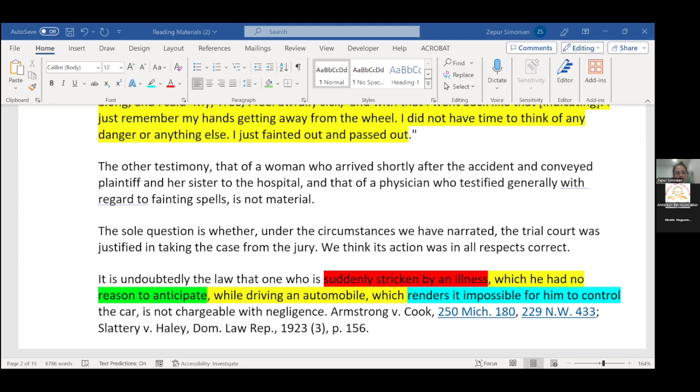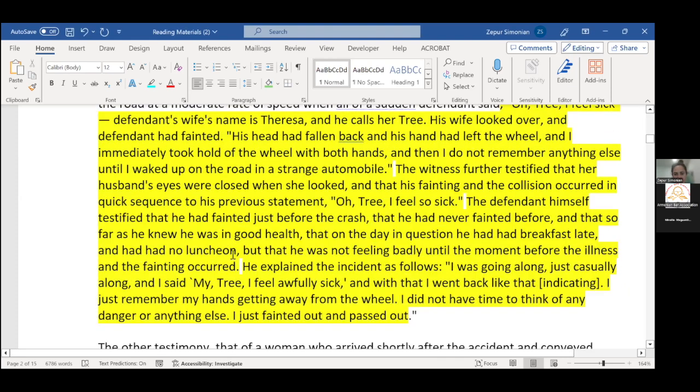And then here is where you're going to show how there was no prior knowledge. And so I could even break it down. No prior knowledge, right? So never fainted before, was well. And this is where I could go back and look at all of these facts here.